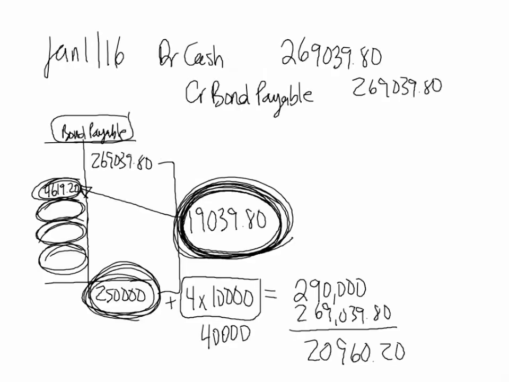Now, if we look at our T account again, what's going to go over here? 4711.59. We're drawing it down to the $250,000.